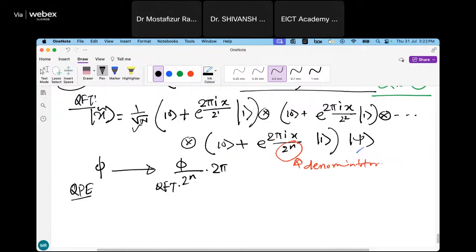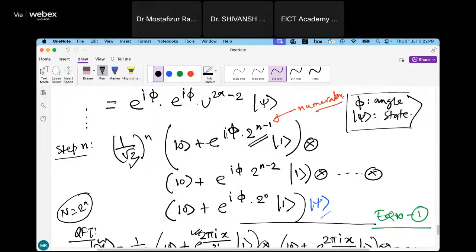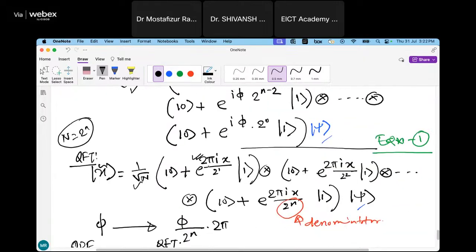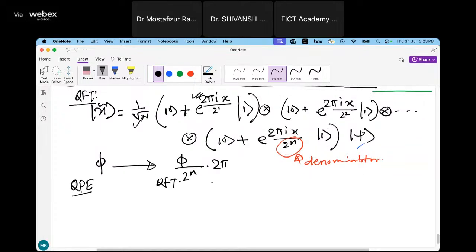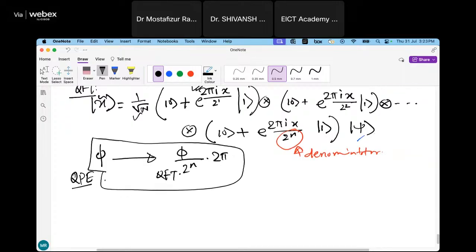There is another 2 pi factor there, right? So the circuit that we have designed and the QFT circuit are very much similar, except this angle information. Rest things are very much the same, right?